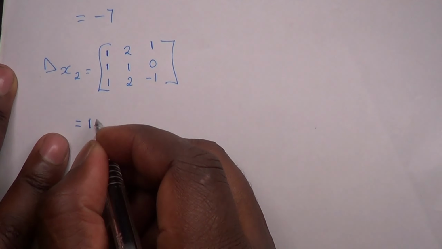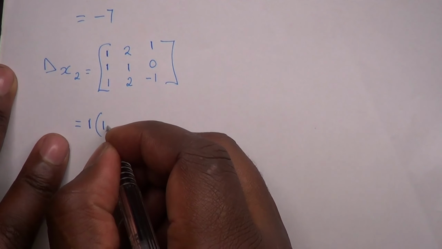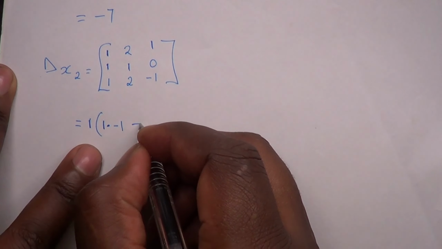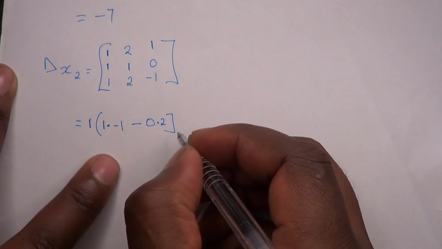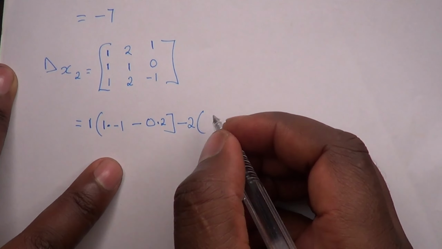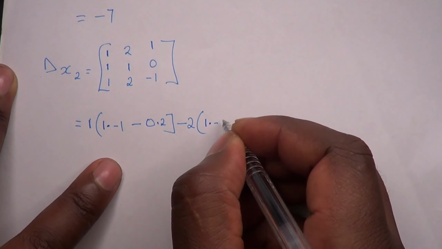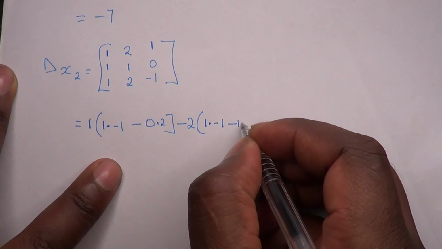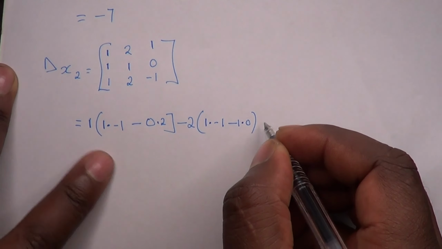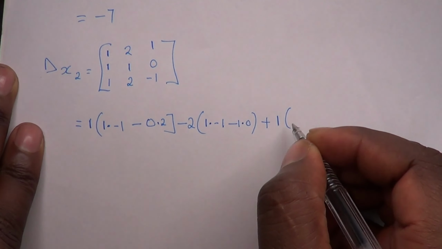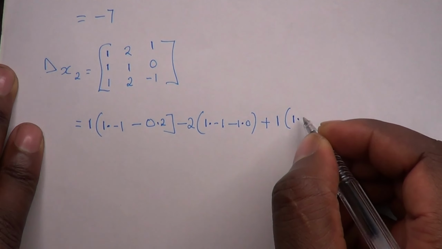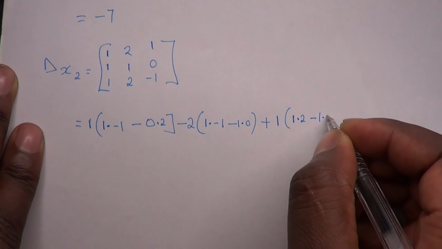We start with 1 into 1 times negative 1 minus 0 times 2 minus 2 into 1 times negative 1 minus 1 times 0. Okay, then the last one plus 1 into 1 times 2 minus 1 times 1.